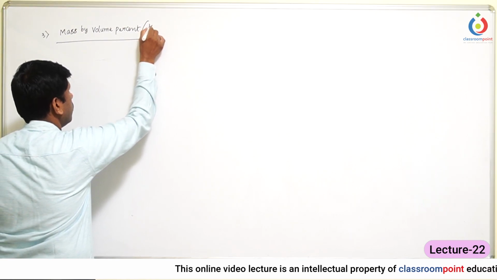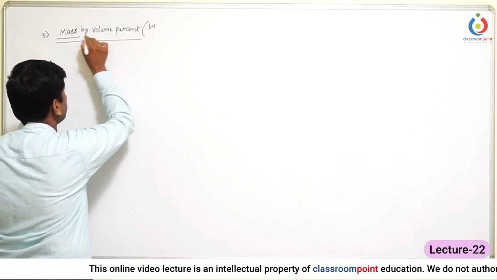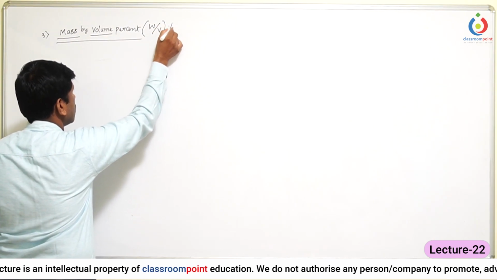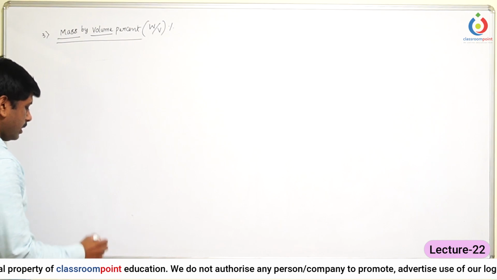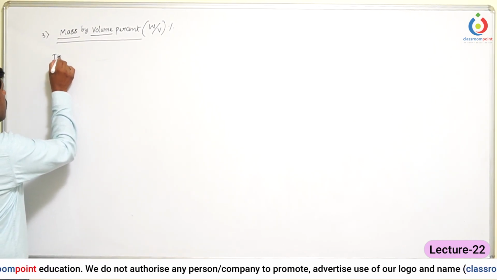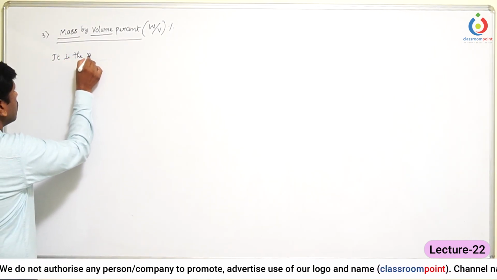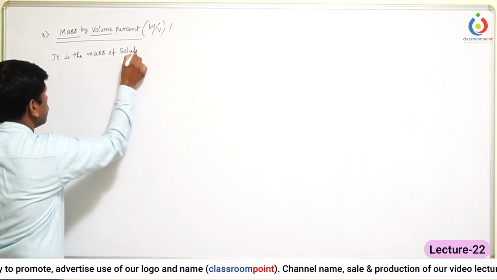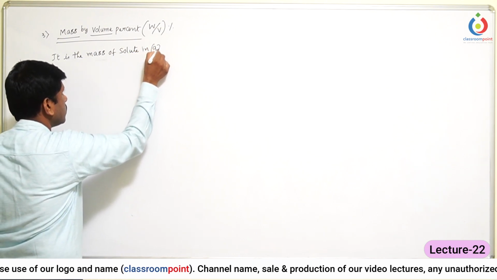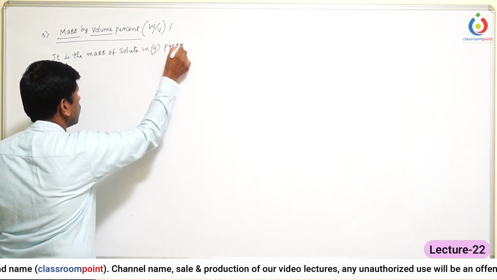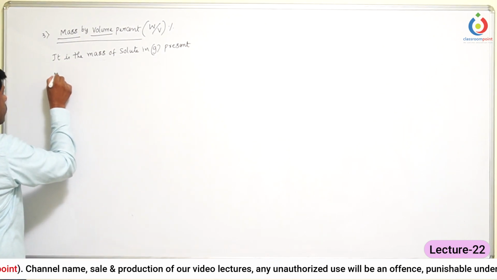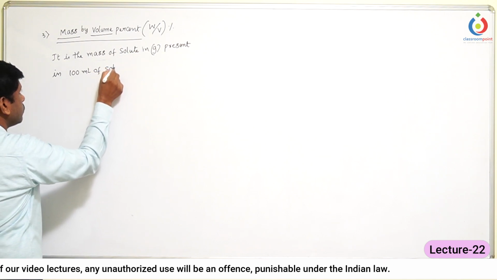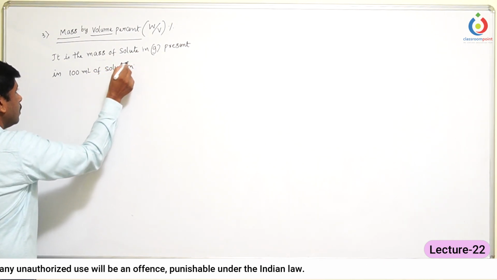So this means W starting term is mass, so that W, second term is volume, so that we take the volume percent. So it says that it is the mass of solute in grams present in 100 ml of solution.